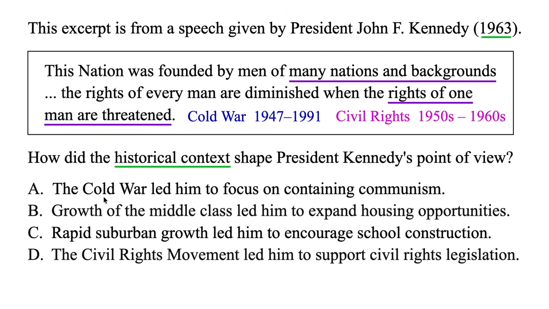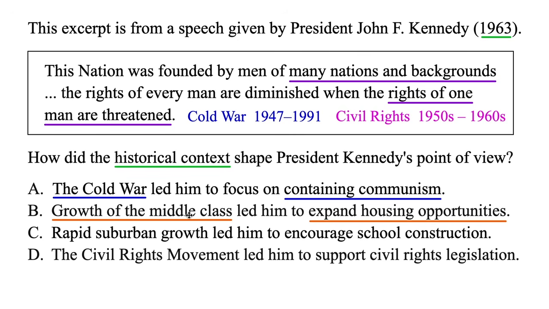Let's take a look at the answers. A. The Cold War led him to focus on containing communism. Well, we know it could be the Cold War, but there's no mention of communism. Usually they would mention democracy and trying to promote that over communism, but they don't mention any of that. So probably not A. B. The growth of the middle class led him to expand housing opportunities.